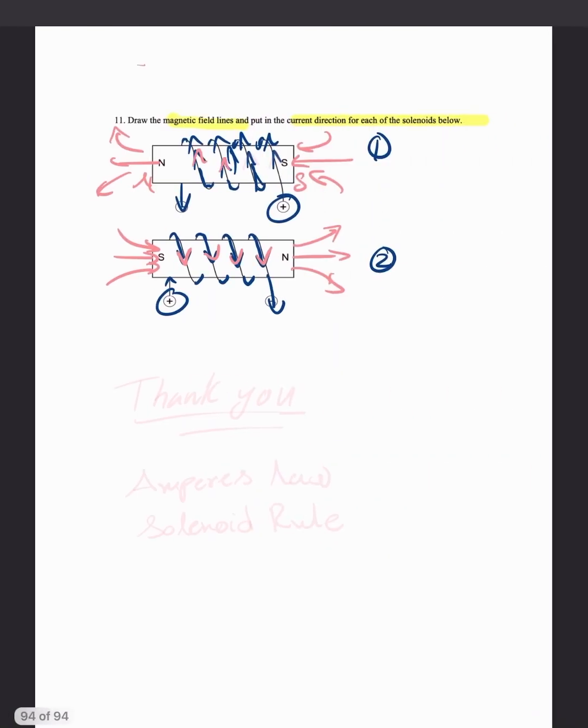And lastly, we've tested and we've seen how our current flows through a solenoid, and we've checked as well how our magnetic field lines look for the solenoid, because once again, it's like a bar magnet.